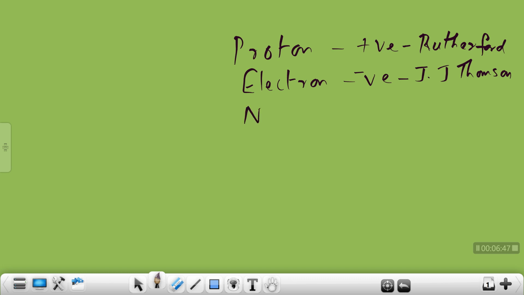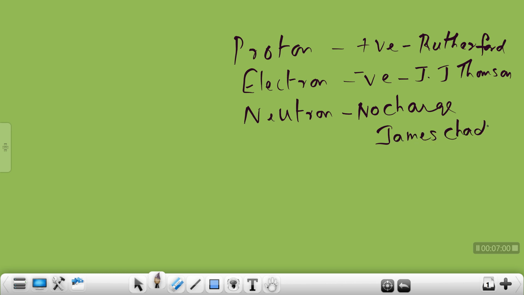And one more particle is there, neutron. It has no charge and it was discovered by James Chadwick. So an atom contains 3 particles: proton, electron and neutron. Proton positive charge, electron negative charge, neutron no charge.